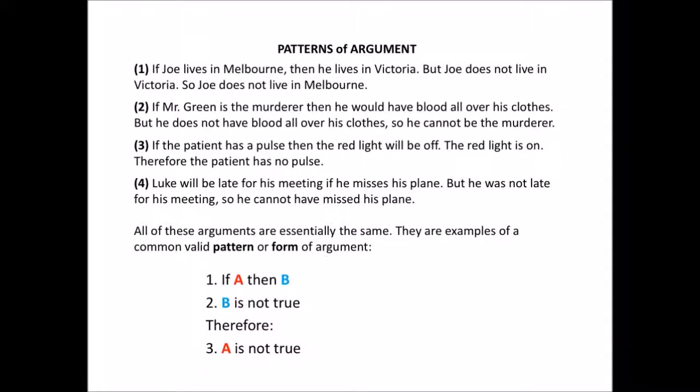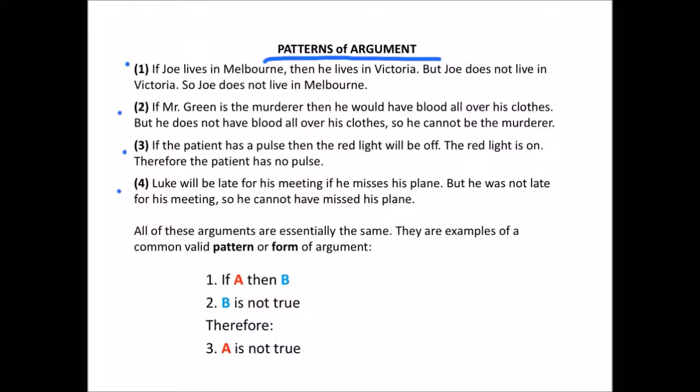So the next idea to get clear on is the idea of a pattern or form of argument. If you look at the four arguments here, you will see that although they're all quite different in terms of their content, they're also very similar to each other in a certain way.